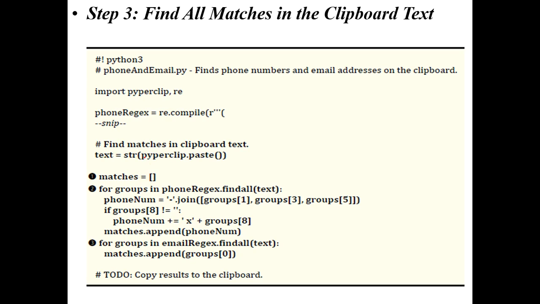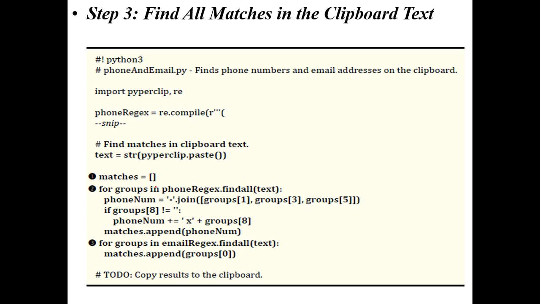So the text we have copied initially to the clipboard will be available in text. After that, we are creating an empty list with the name matches. It starts as an empty list because initially no element will be there.